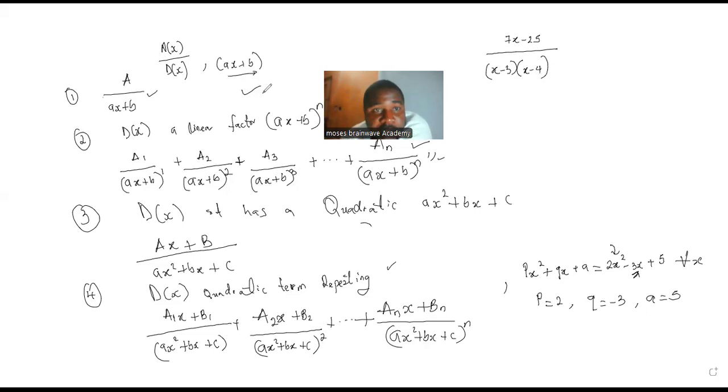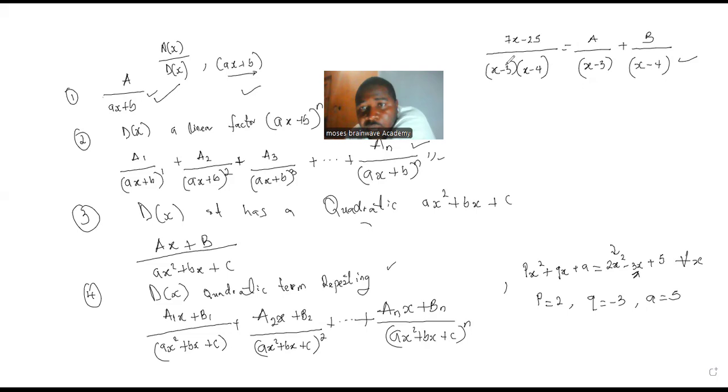Technically, this is the simplest case where we just use this. So this is going to be a constant. You can name it anything, a or b. A upon x minus 3, then you have plus b upon x minus 4. So what's the next step?